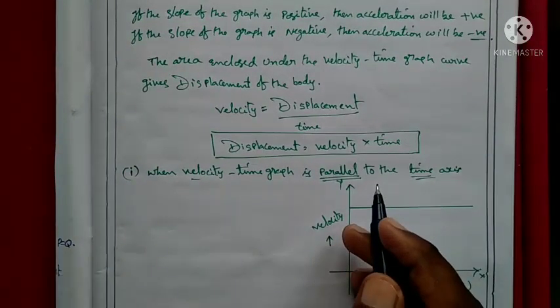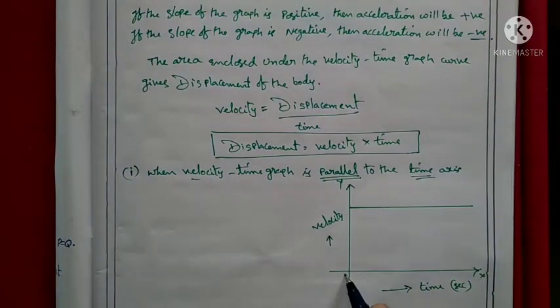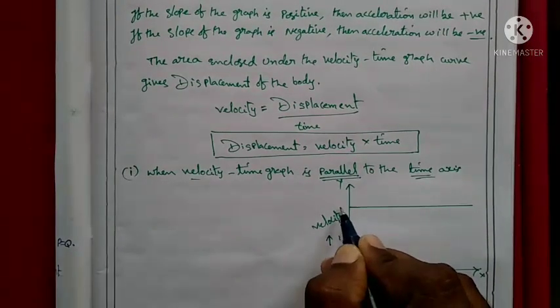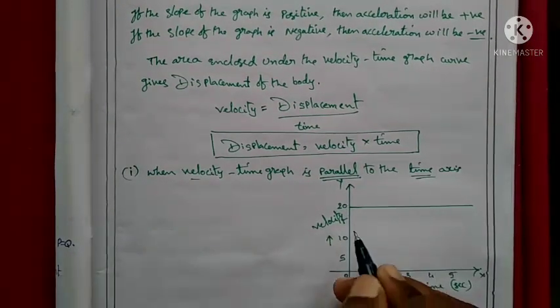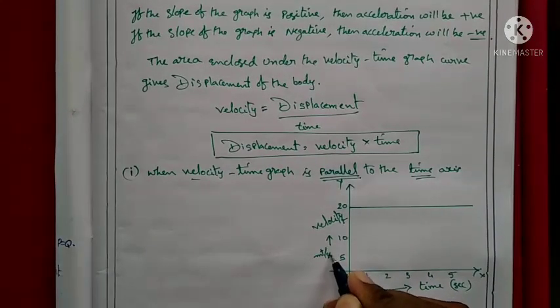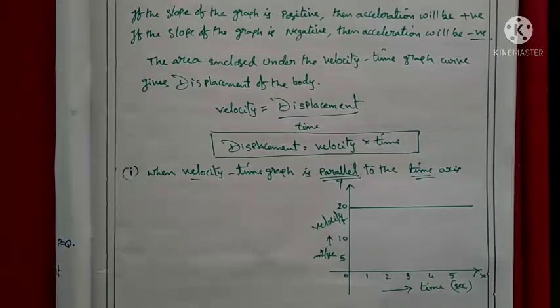So what does it indicate? At 0 seconds, 1, 2, 3, 4, 5 seconds, it takes equal time intervals, 5, 10, 15 and 20. The unit is meter per second, or meter into second inverse.